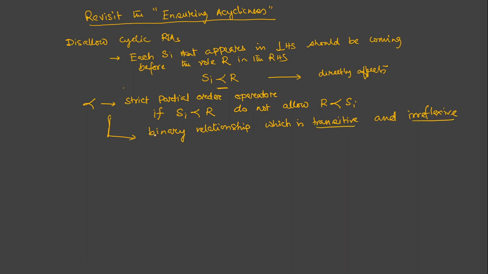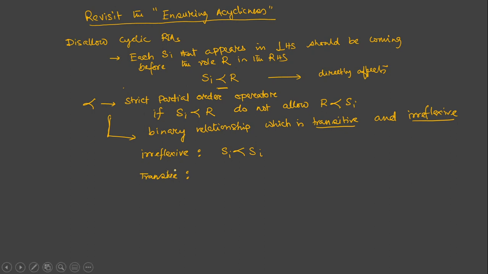So that means, if we just look at the irreflexive case, you cannot say that S comes before S or Si comes before Si. You cannot say that. You cannot have a pair which is a kind of instance of this Si, that kind of thing, right?